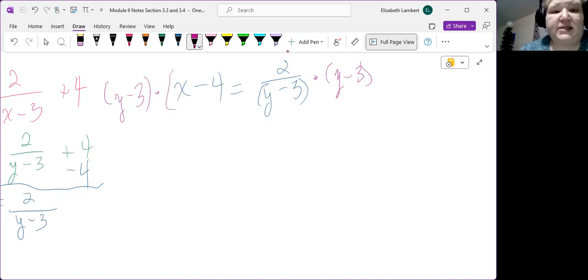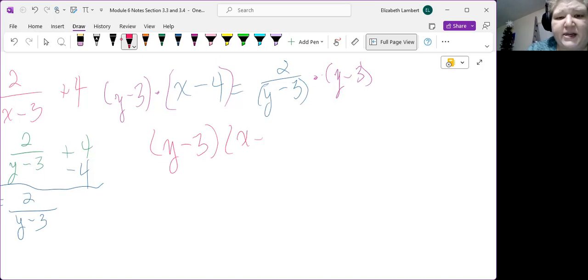Now that means I am multiplying it to the whole side. So what I have on the left now technically looks like the start of a FOIL. Do not FOIL it. Just like gut reaction, don't do it. We're going to leave them like that. So I have y minus 3 times x minus 4 is equal to 2.